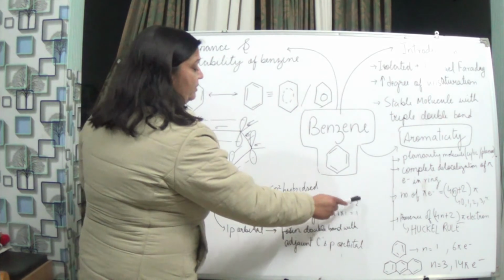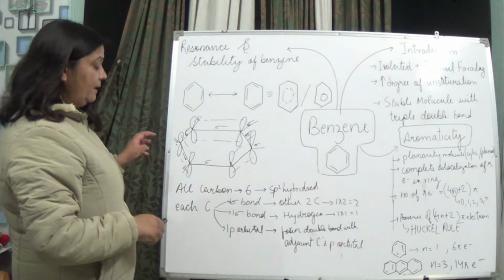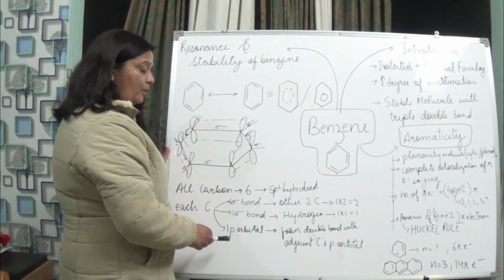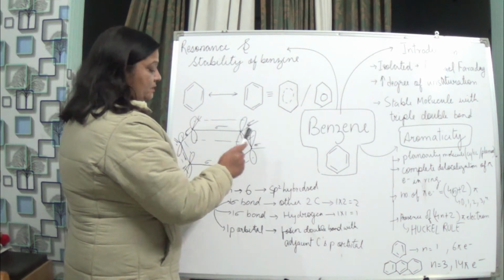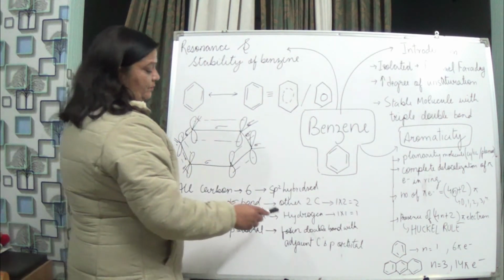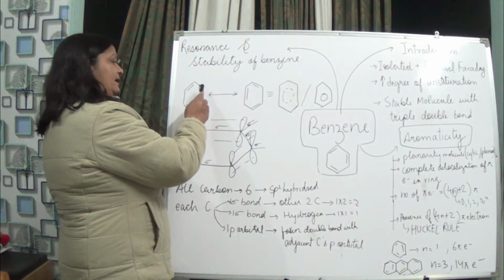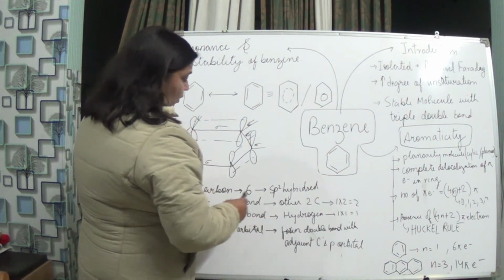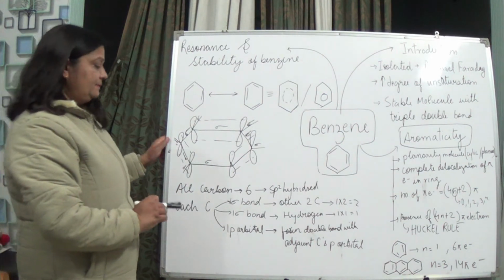So 3 electrons of the carbon are now stable. The third forms the pi orbital bond, the double bond with the adjacent carbon atom. So all 4 electrons of this carbon have now been stabilized.